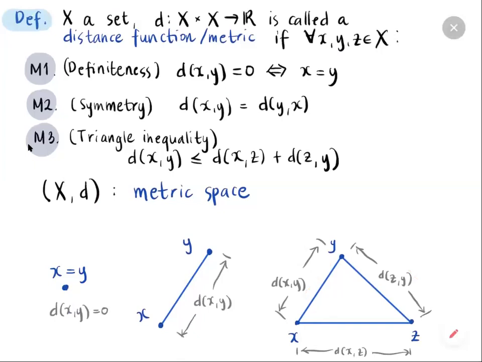In geometry, this tells us that the length of a side is less than the sum of the other lengths. Well, equality can hold if we have a degenerate triangle, meaning, for instance, z is collinear with respect to the line segment determined by the points x and y. So in this way, the distance from x to z plus the distance from z to y is the same as the distance from x to y.